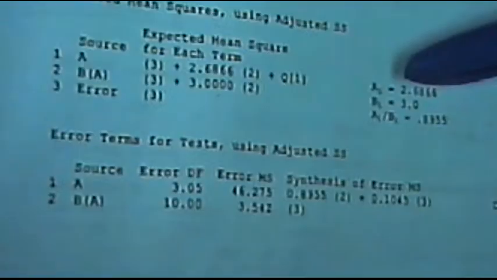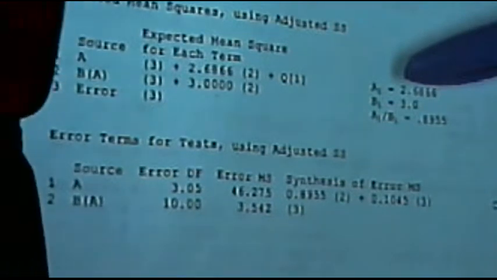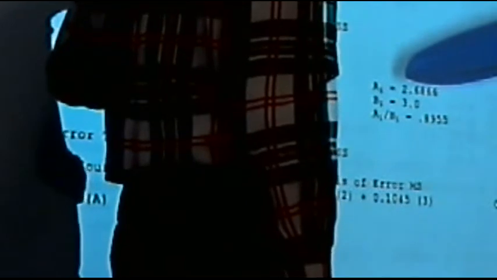And in this stuff right there, I just checked by hand that for this data set, A1 is 2.68, which agrees with that number there. B1 is 3, which agrees with this number here. And A1 over B1 is the quotient of those two, and it's 0.89 something.